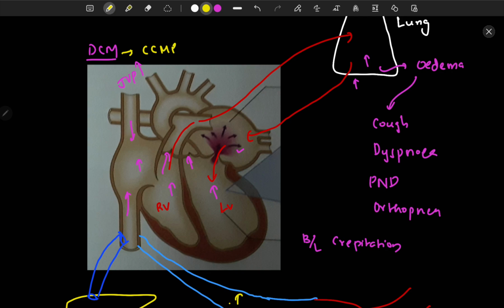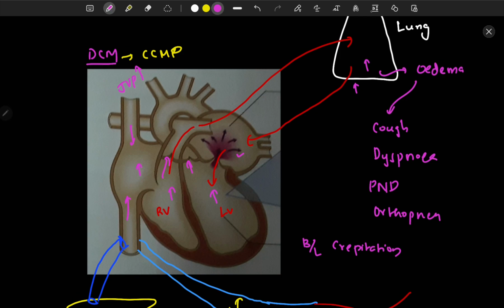He is developing the features of congestive cardiac failure. So altogether, dilated cardiomyopathy is a cause of congestive cardiac failure.